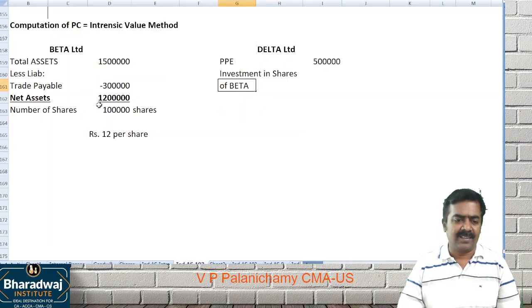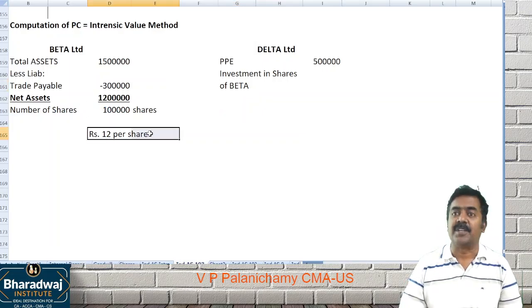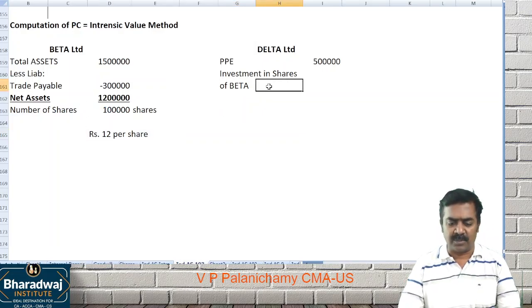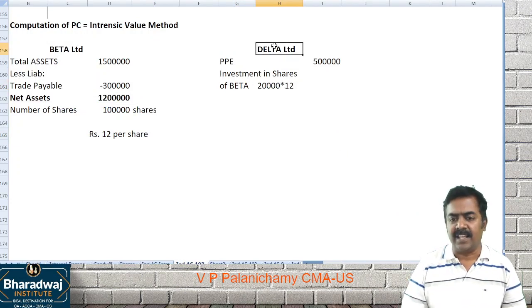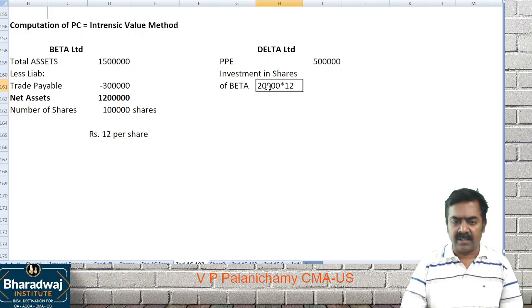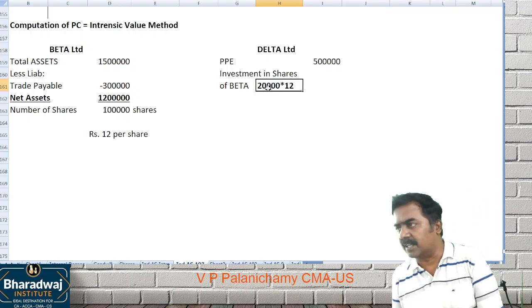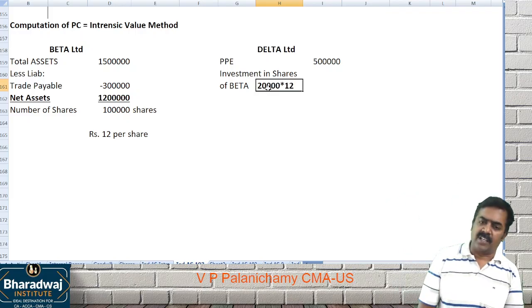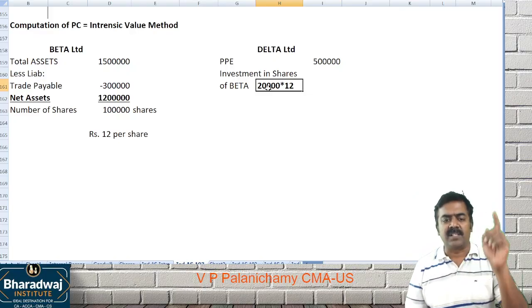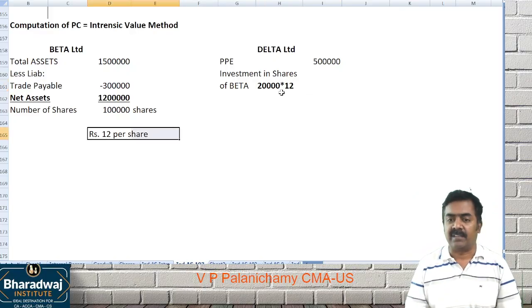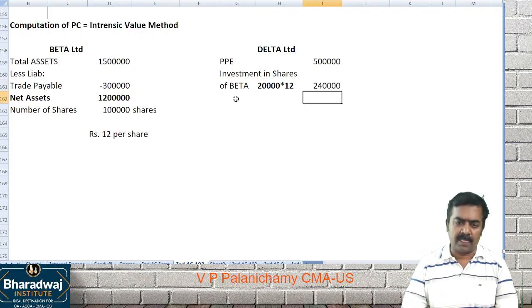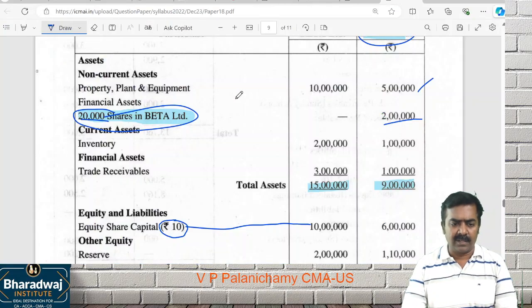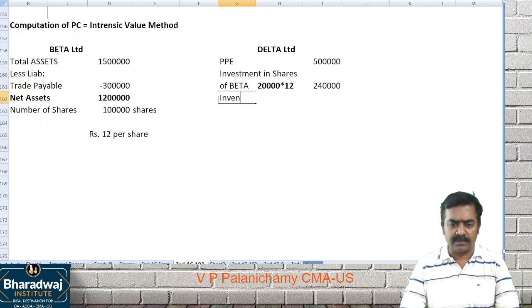No. The value per share is 12 rupees now. So 20,000 into 12. The selling company is holding shares in the purchasing company, and the fair value is 12 rupees. How much will it be? 2,40,000.